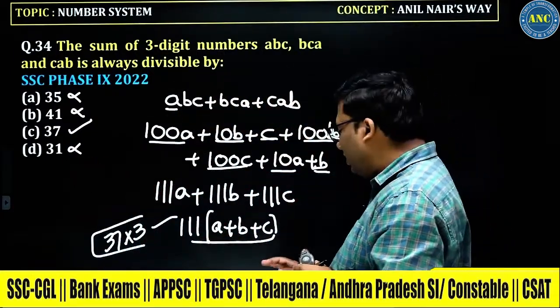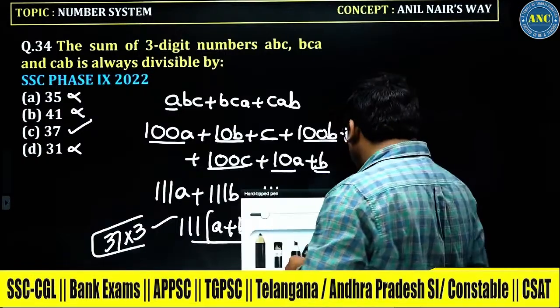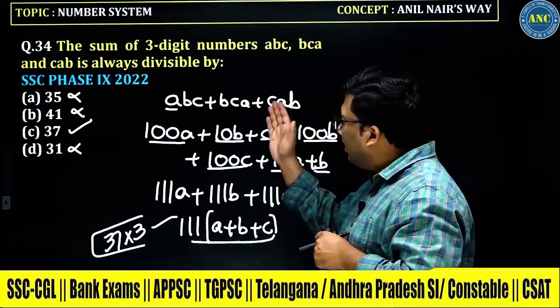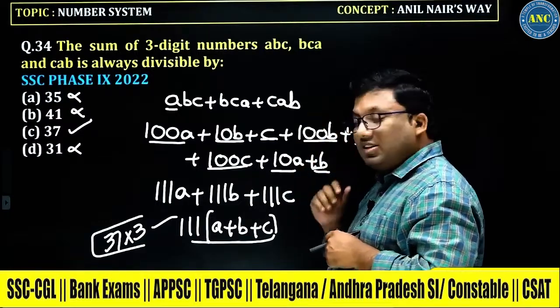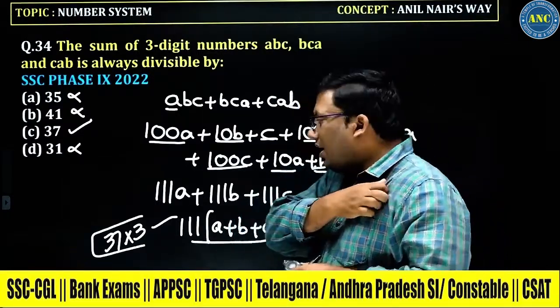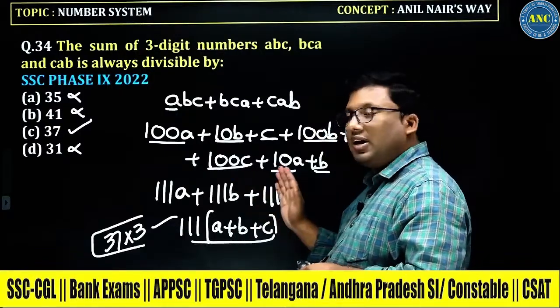Very simple question it is. ABC plus BCA plus CAB. A is in hundreds place, units place, and tens place: 100A plus 10A plus A, 111A, 111B, 111C.